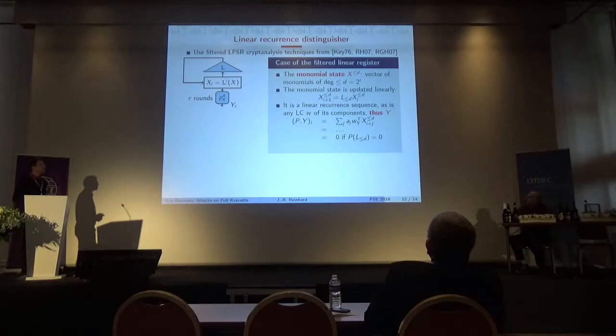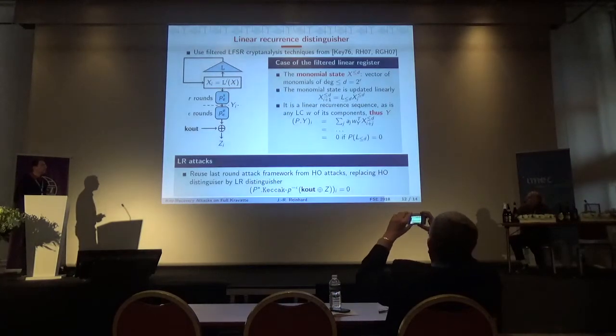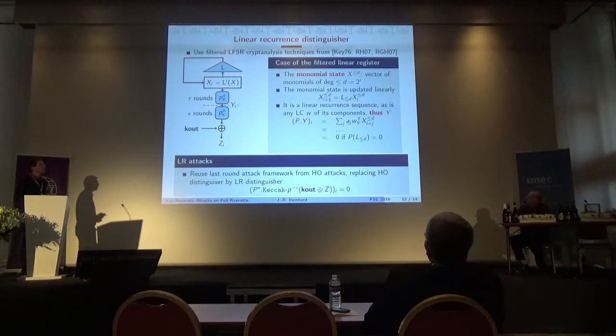And as a consequence, it is also a linear recurrence sequence for any polynomial that cancels the monomial update matrix. This is true for the monomial state, but also for any fixed linear combination of the monomial state, and in particular for the sequence of the intermediate states that we get on one branch after n rounds of Kecchak.